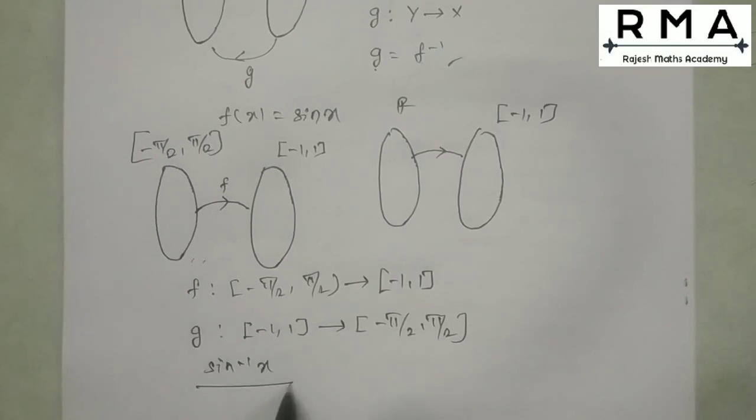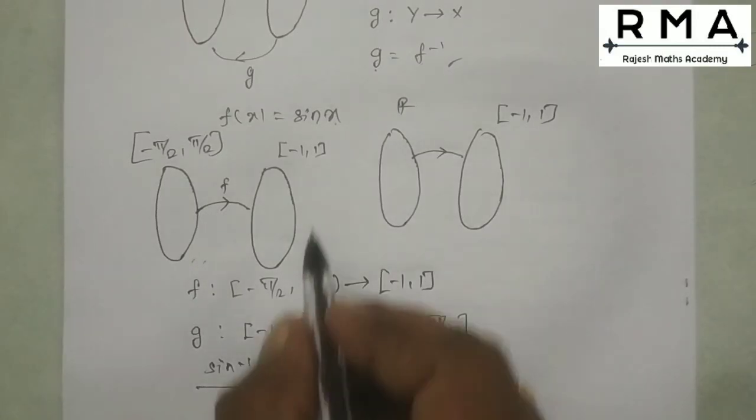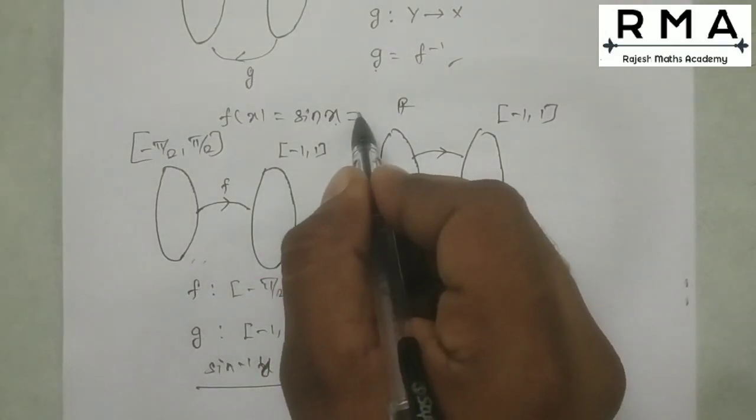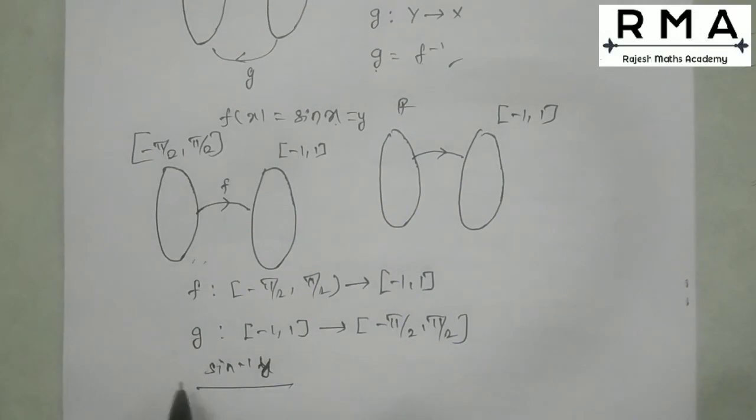If I take sin x equal to y, then my function will be x equal to sine inverse of y.